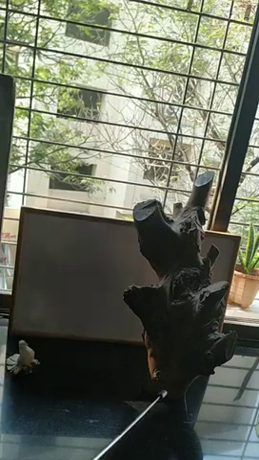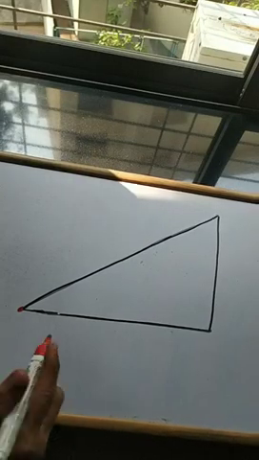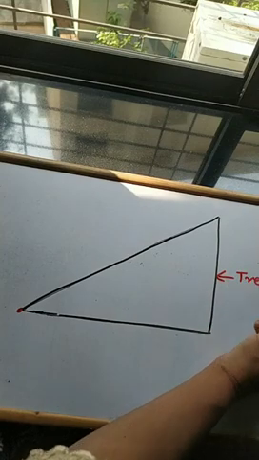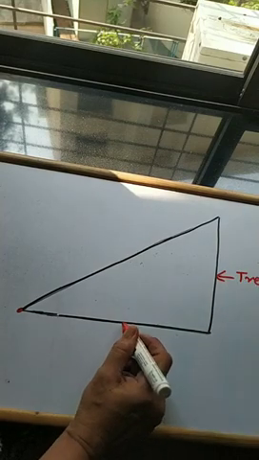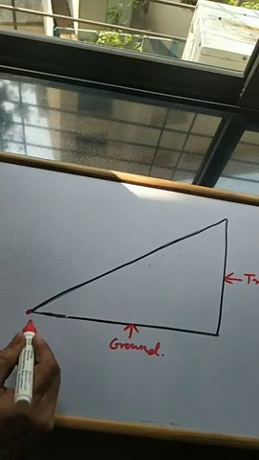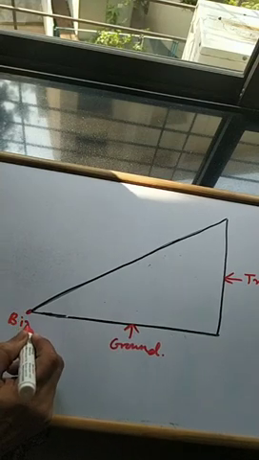Yes, I am actually making, with the help of a pointer, a triangle. Isn't it? So look at this triangle where this is a tree, this is ground, and in this position is the bird.